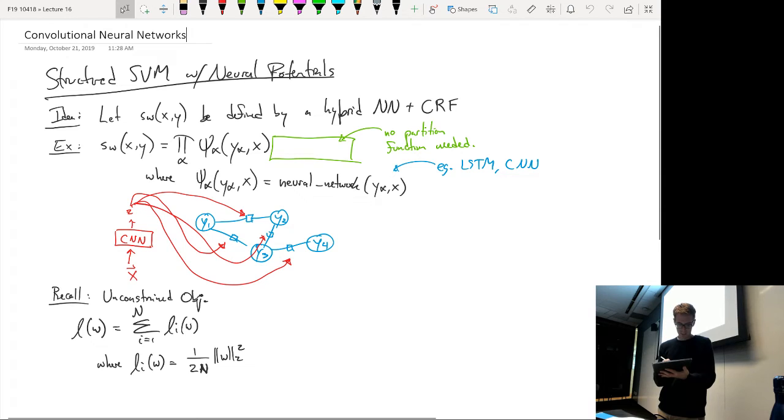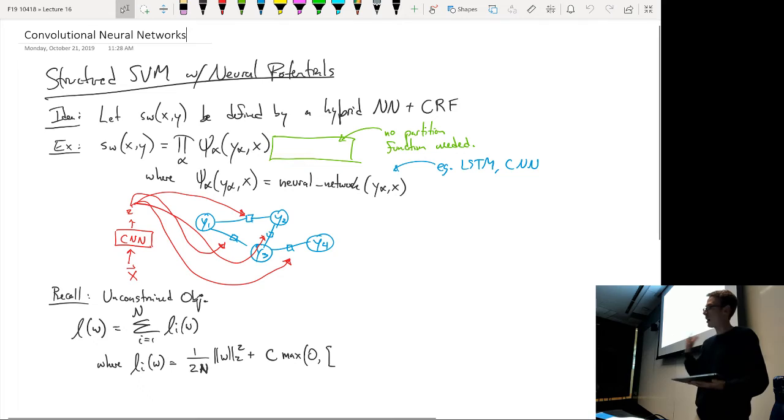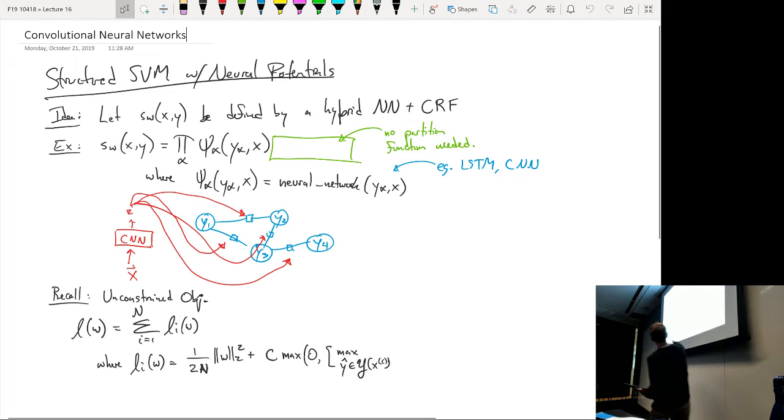And then we had plus some constant c times a max of 0 and now our more interesting structured hinge loss term, which was a max over all y hats in the set Y of xi. So here's where the i is coming in.